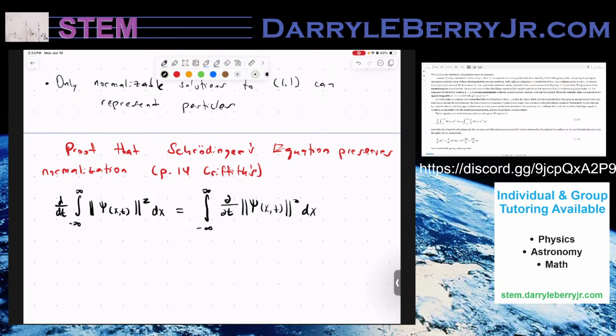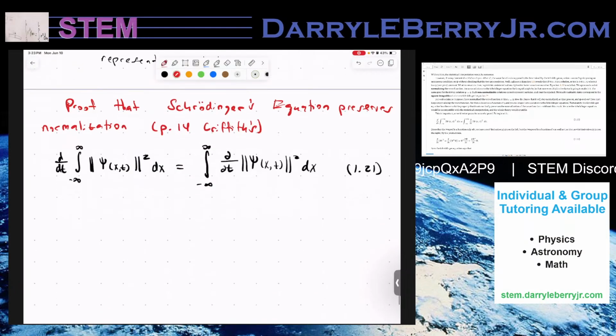So all we did there was just bring the derivative inside the integral. And it says, note that the integral is a function of t, so I use a total derivative on the left, but the integrand is a function of x as well as t, so it's a partial derivative on the right.